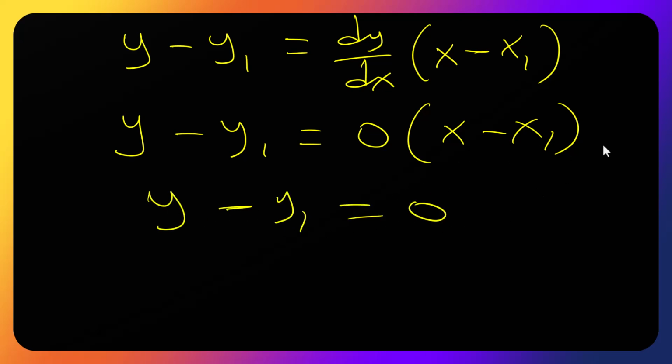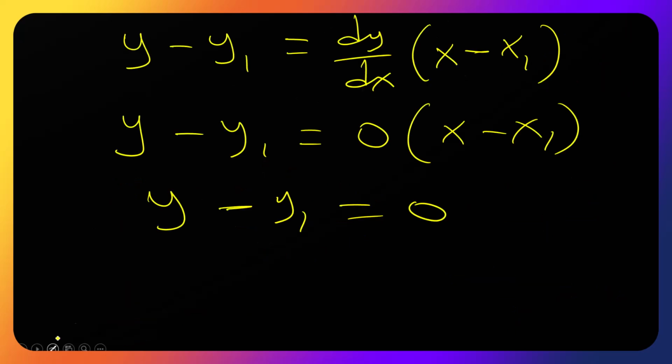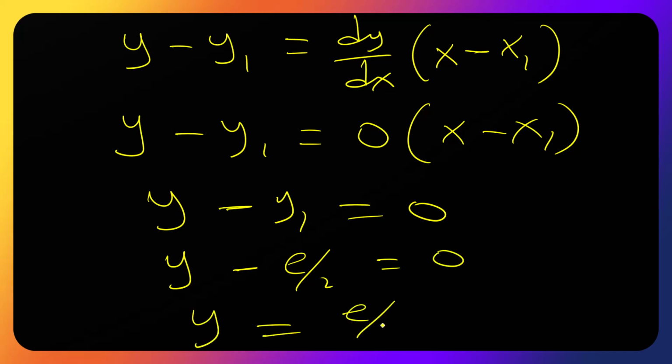It's not important to do subtraction here. The only thing left is to plug in the y1. We have x1, y1, that will be e/2. So we have y minus e/2 equals 0. So we have y equals e/2.